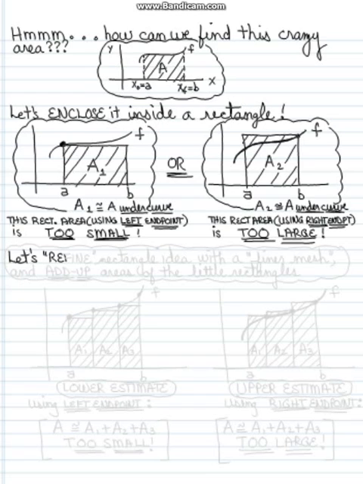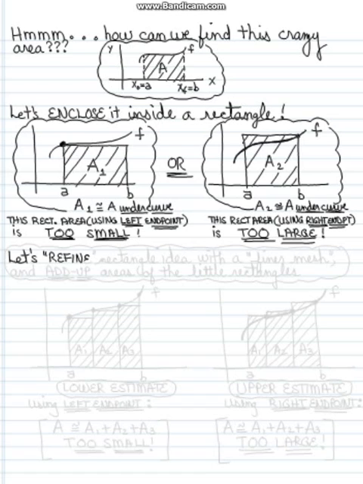So here we have the boundary x initial equals A, x final equals B, and we've touched the curve with the right endpoint this time on the rectangle. And that causes us, when we make a perfect rectangle, to have a little too much area. So A sub 2 is approximately equal to the area under the curve, but this rectangular area using the right endpoint is just too large.